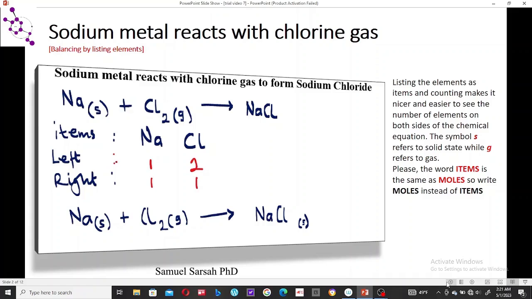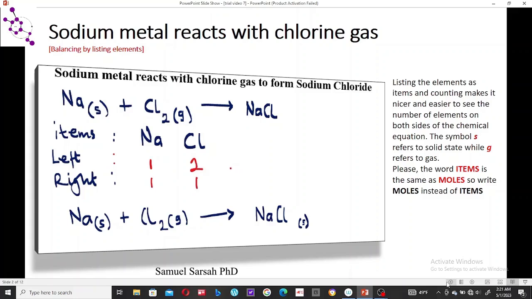So on the left side here, we have 1 sodium and then 2 chlorines. On the right side, we have 1 sodium and 1 chlorine.